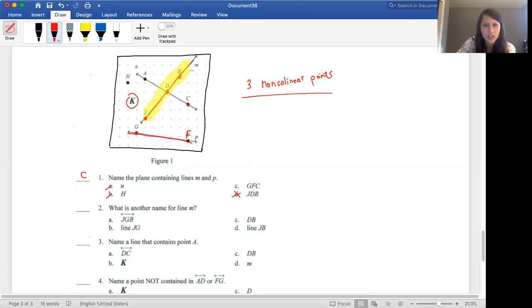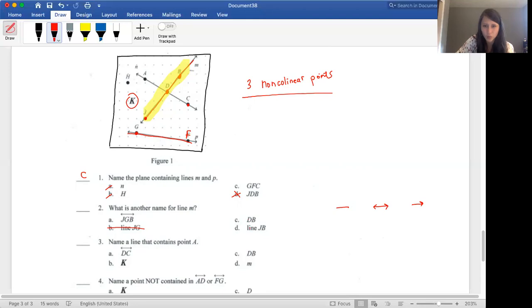Well, there's J here and G here. Those aren't on the same line, so that's not going to work. Line DB. Well, there's no symbol showing you that it's a line. Remember, we want to show whether it's a segment or a line or a ray by putting these symbols above the letters. So DB is not going to be the best answer.